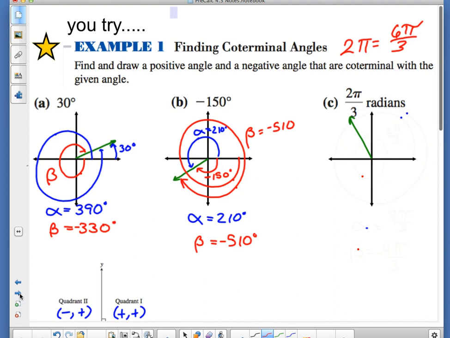In order to find the coterminals, one positive and one negative, I am going to add or subtract 6 pi over 3. If I subtract 6 pi over 3, I should get negative 4 pi over 3. Does that make sense? If I add 6 pi over 3, I should get 8 pi over 3.